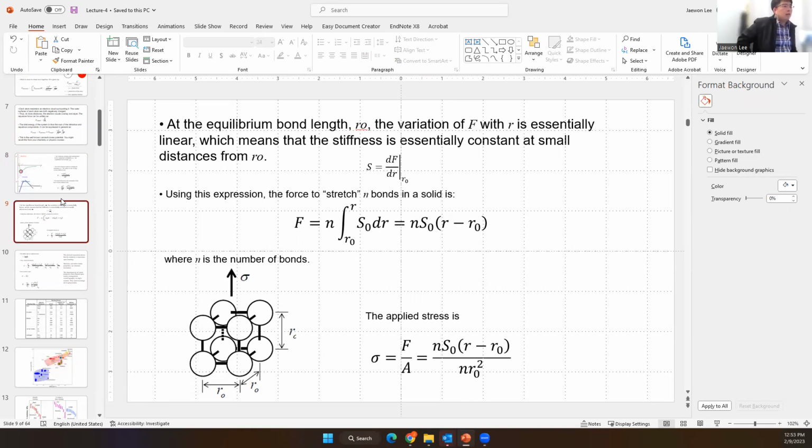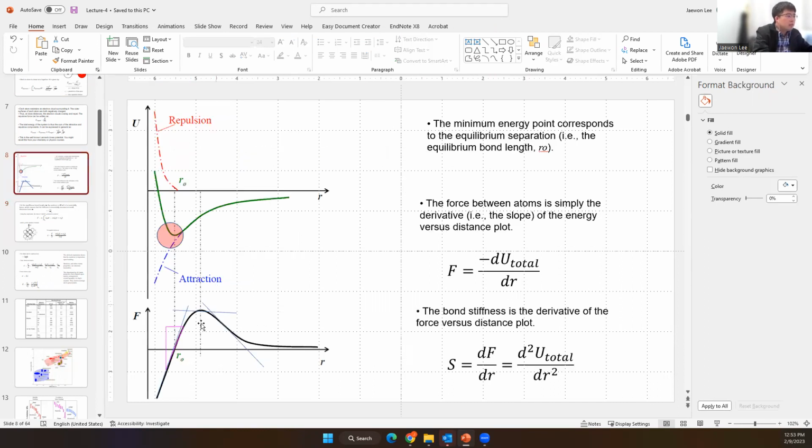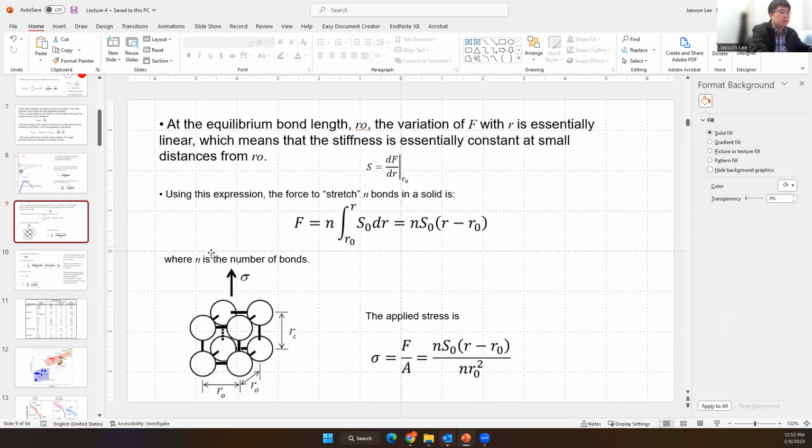So it means stiffness is constant at small distance. If you can see, you cannot see any other sort of changes in this area, right? It means it is almost a linear relation.